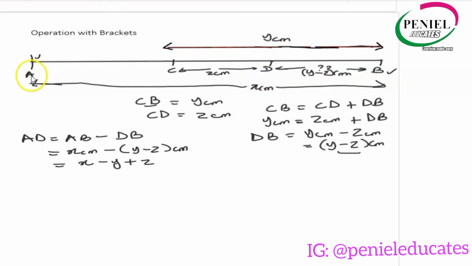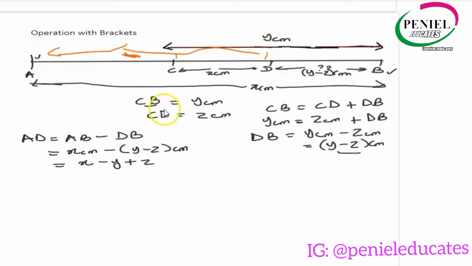For us to find line AD, we must subtract AB minus DB. AB minus DB is going to give us our line AD.